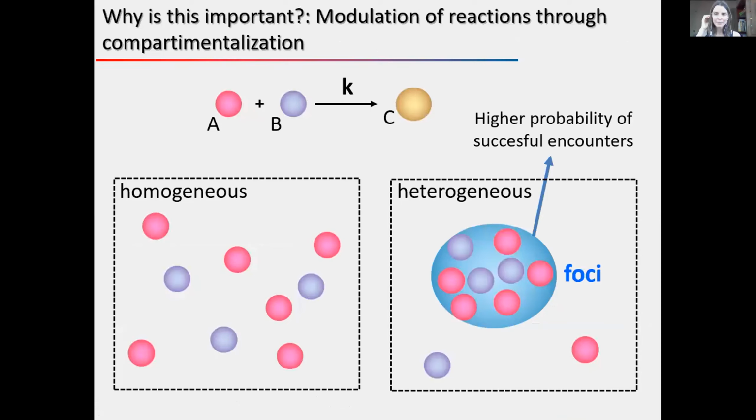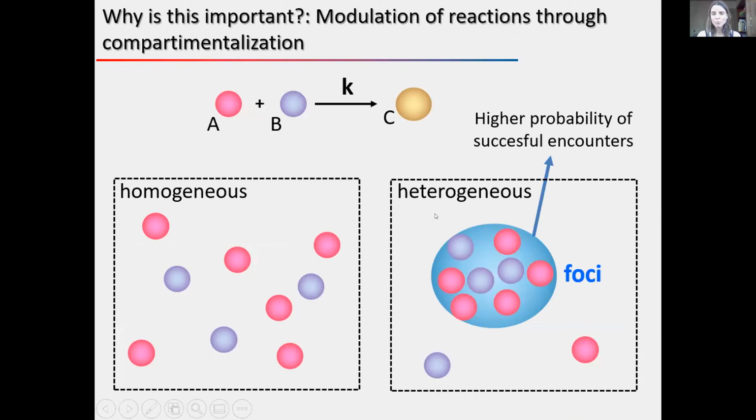So why is this important? Does it affect us when we are studying the glucocorticoid receptor? And the answer is yes. For example, if you think of a very simple reaction, A plus B gives C, if this reaction occurs in a homogeneous medium, you have a given probability of encounters between molecules.